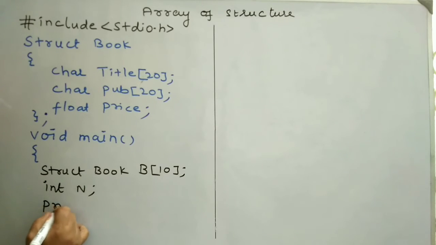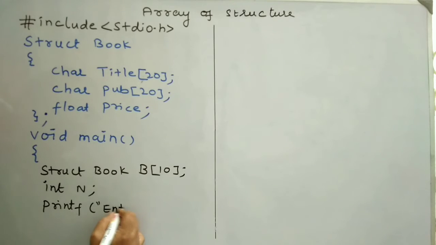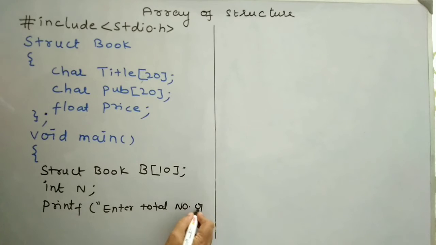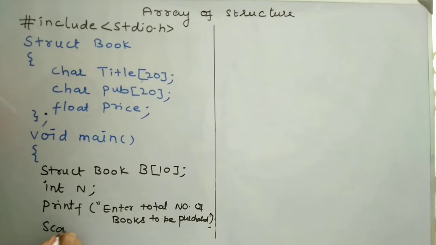Before that, I am prompting a message with printf saying enter total number of books to be purchased. And then get the value of n. n is an integer variable, so my control string is %d. Get the value of n and store it in the memory address allocated for n.